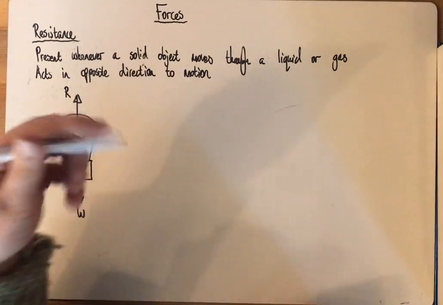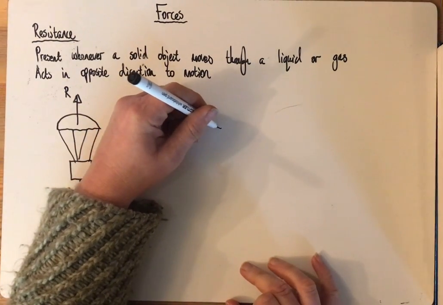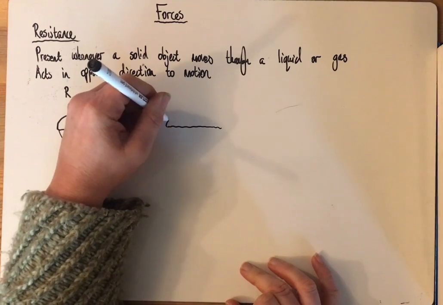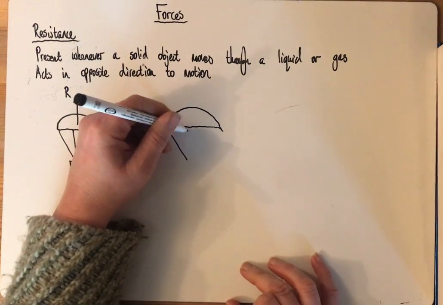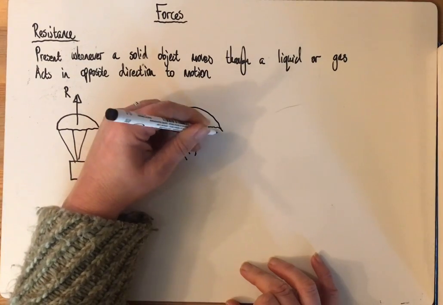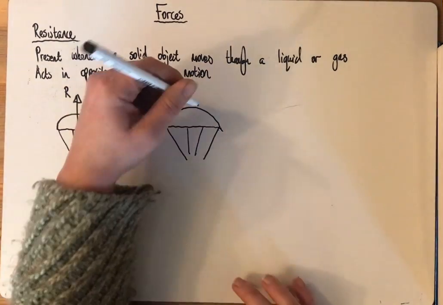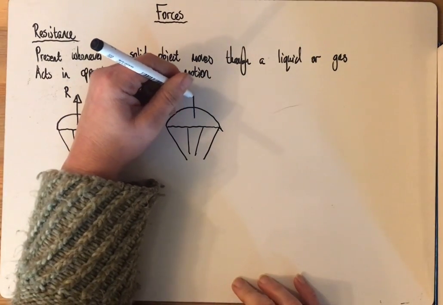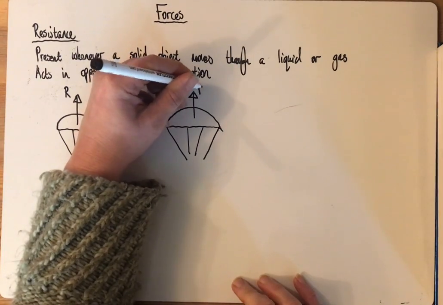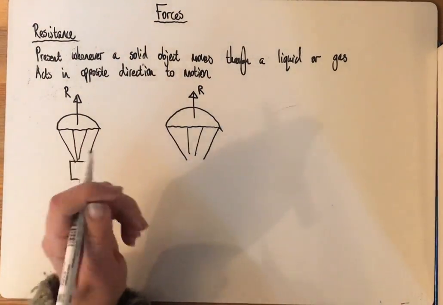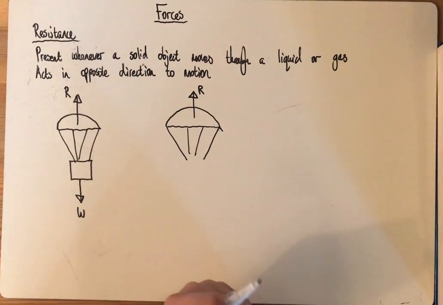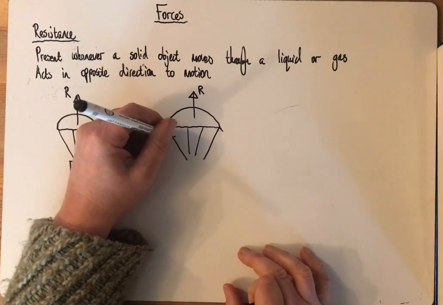Just splitting it apart, because you can also think about, well, what forces are acting on the actual parachute itself. So that bit of fabric, if you like. So we've got the resistance coming up. And then if you think about if you were that bit of cloth, what those strings are doing, they'd be pulling down on you.